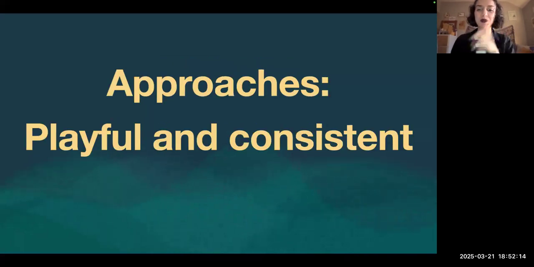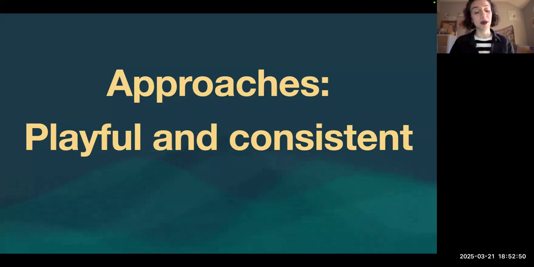So let's talk about approaches. Let's start from these two simple adjectives: the teacher's approach should be playful and consistent. Young learners need to be stimulated and engaged. You must activate their curiosity. So I think you should make your activity playful, as I said before, with little competitions, and you can assign prizes, rewards, stickers, anything that makes them feel part of the game.